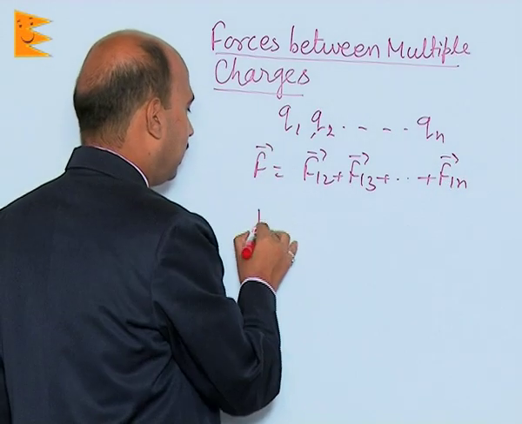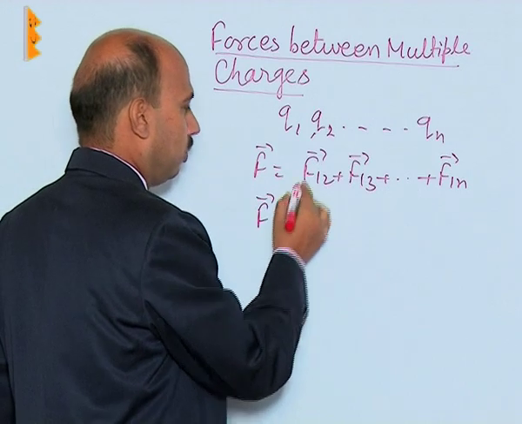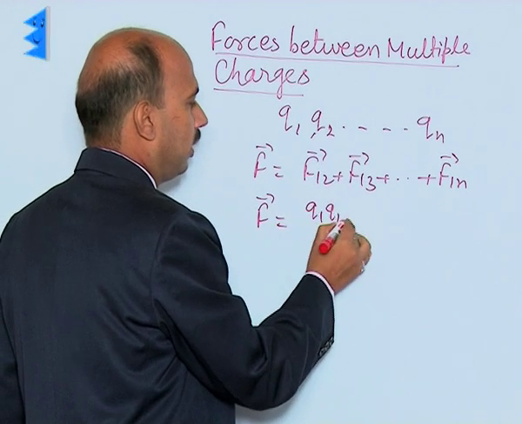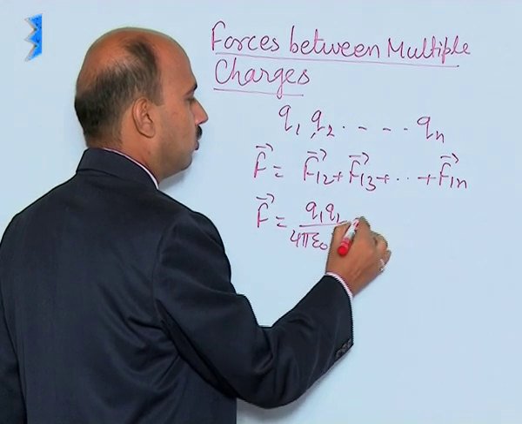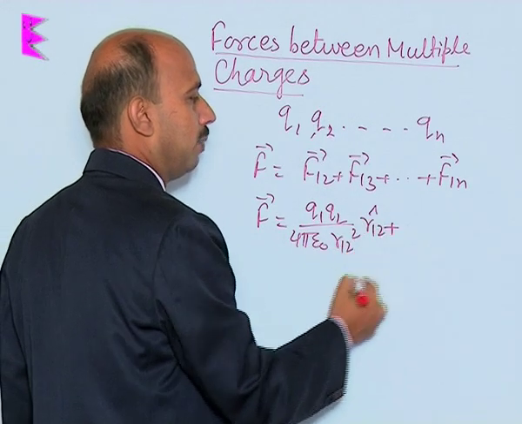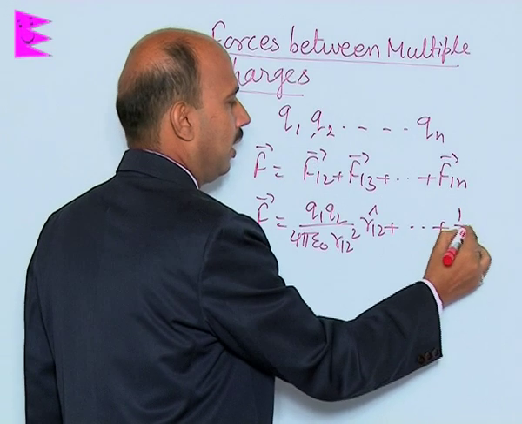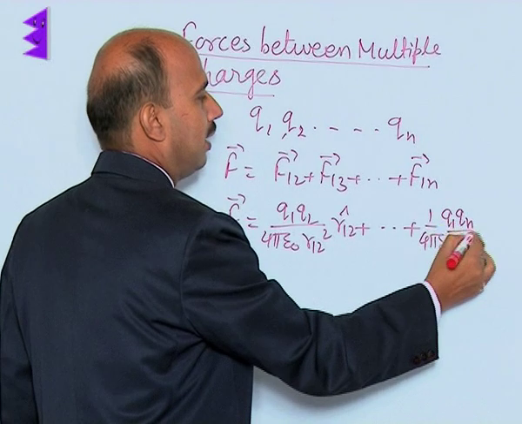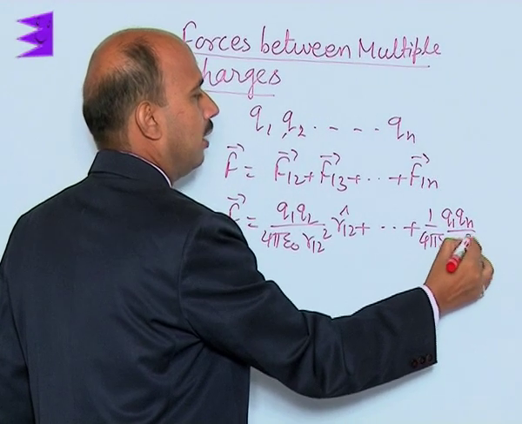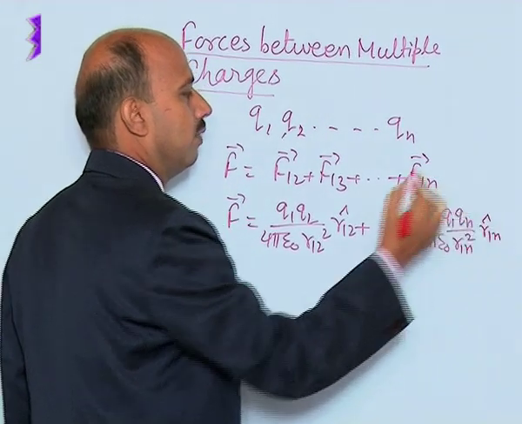So we can write here also F is equal to q1 q2 divided by 4 pi epsilon naught r12 square, r12 unit vector, plus 1 upon 4 pi epsilon naught q1 qn divided by r1n square, r1n unit vector.